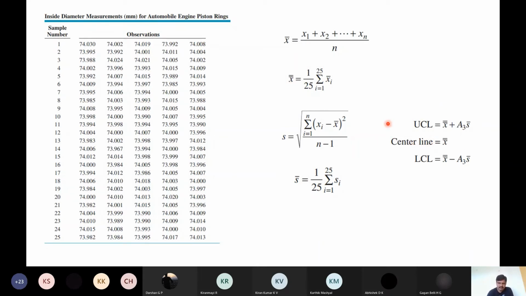Then if you want to find out the upper control limit, A3 is available in the table for n equal to 5, you will directly get it from the table. The S bar value you will get here. Using that you can find out the upper control limit and lower control limit. Similarly, if you know the S bar value, you can find out control limits for the S chart also. These equations are required to plot control charts for X bar and S. Remaining ones are not required. You must be concerned about these equations.